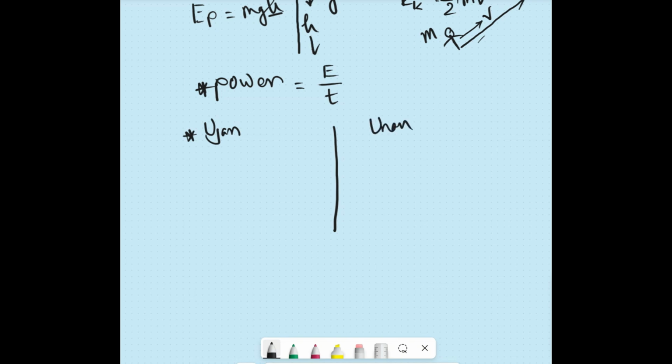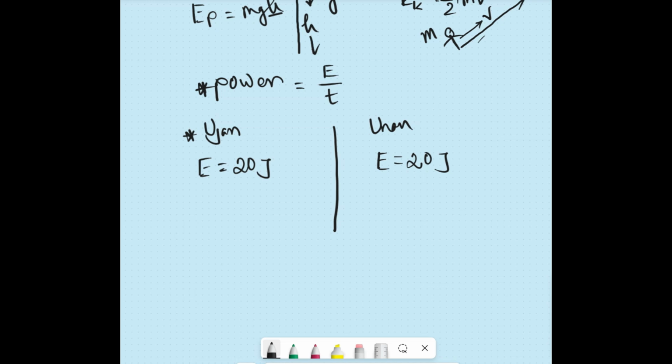Your energy is 20 joules, and Unan also has an energy of 20 joules. You are twins actually. Anyways, your energy is also similar.